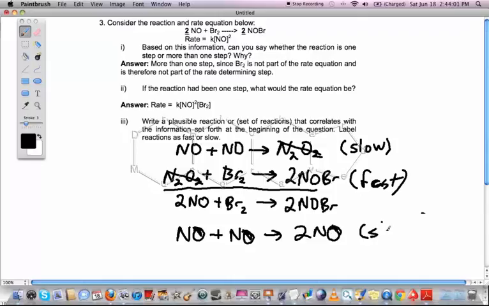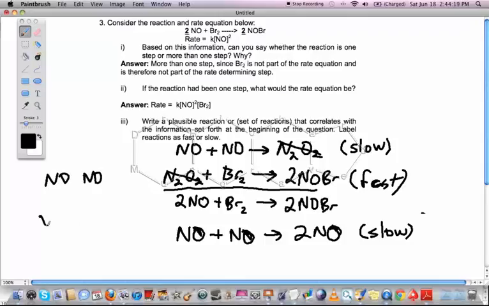Well, the problem with that is that what you've done is you haven't changed anything. NO plus NO gives 2NO. That's just giving you NO plus NO, which is 2NO, two separate NO molecules. Now 2NO looks like this, NO and NO.